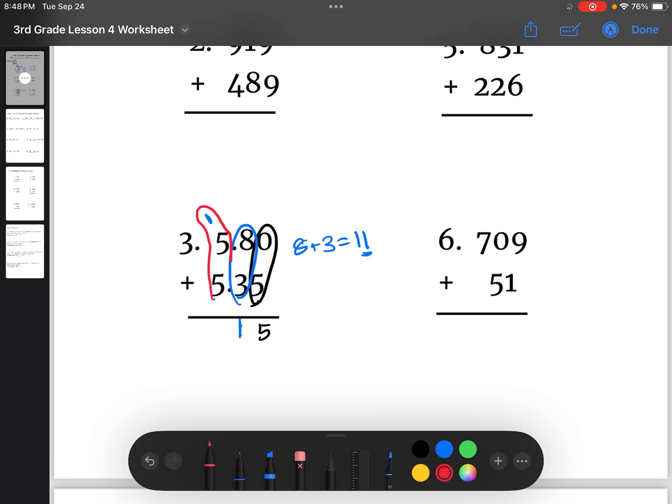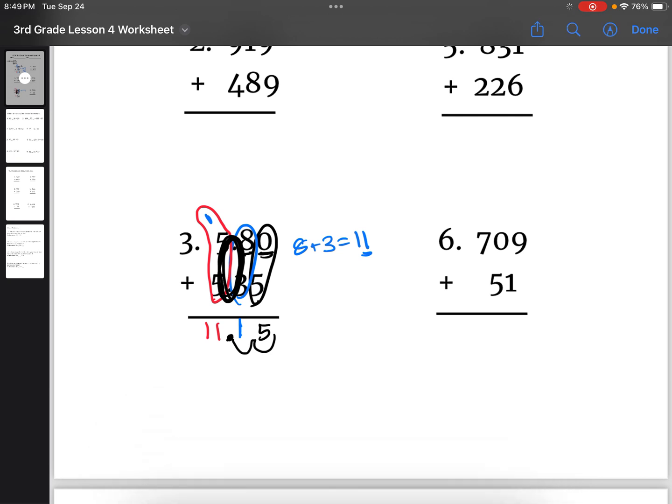Then, 5 plus 1 is 11, so we write 11. So the answer isn't 1,115 because we have the decimal places right here. We have 2 digits after the decimal, so we go 1, 2, and add the decimal. So the answer is 11.15.